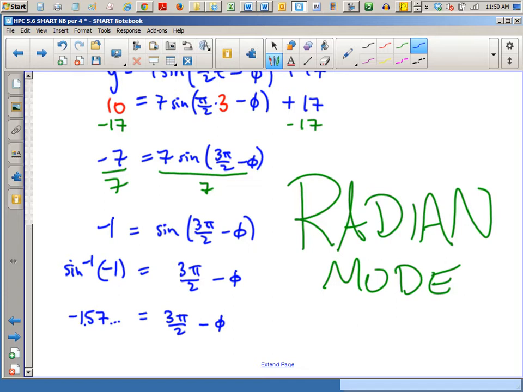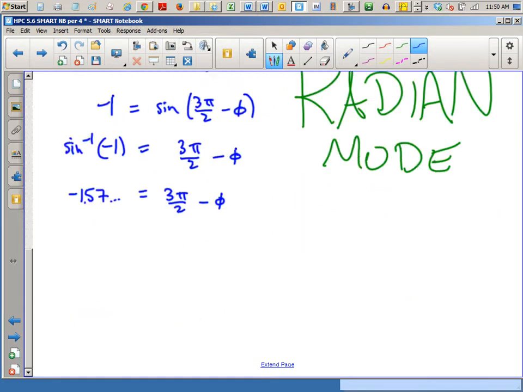Isn't that half of pi? This is exactly half of pi. This is negative pi over 2. Some of your calculators are sophisticated enough to actually write that. They won't say negative 1.57, they'll say negative pi over 2, but that's like the TI-89s and the more advanced machines.